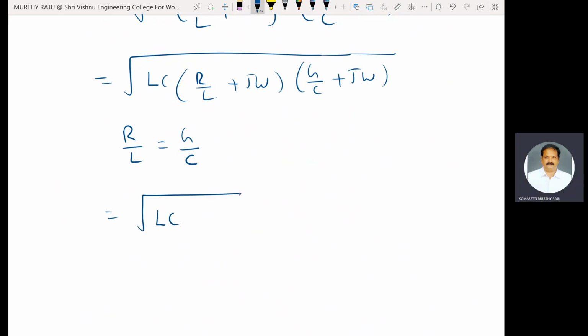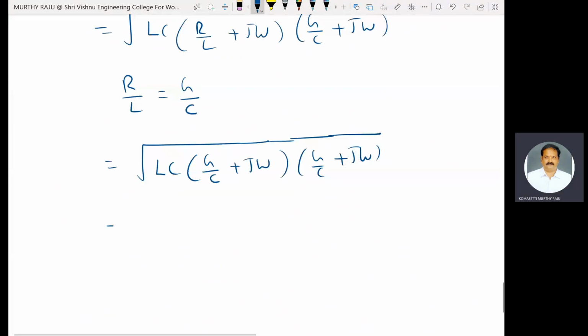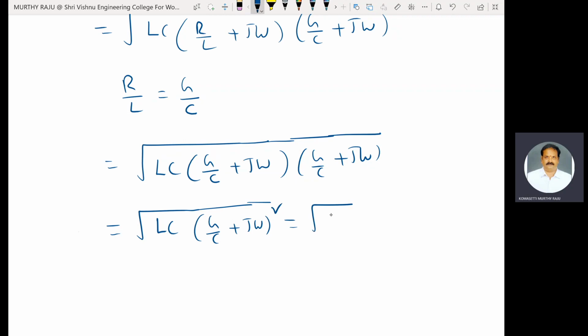Gamma is equal to square root of LC times (R by L plus j omega), and with R by L equal to G by C, that is root LC times (G by C plus j omega). But gamma is equal to alpha plus j beta.